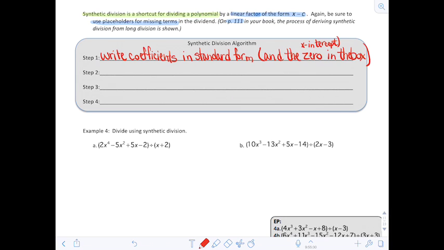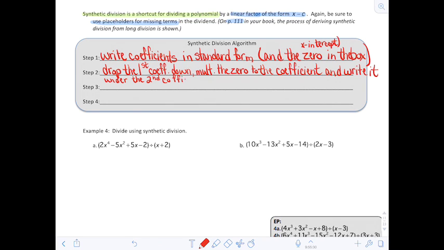So as we begin the process, we are going to drop the first coefficient down, multiply the 0, and by that I mean x-intercept, to the coefficient, and write it under the second coefficient. Okay.